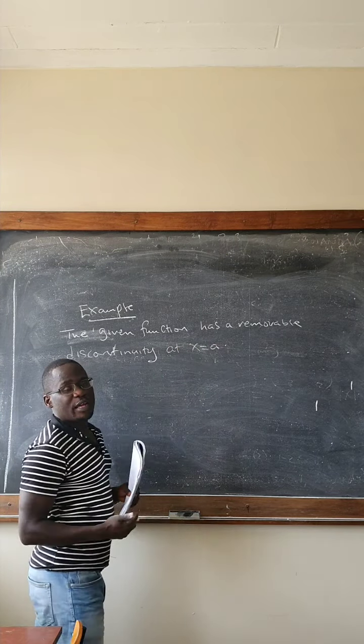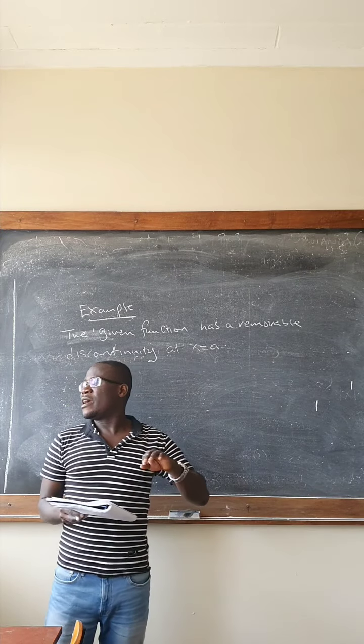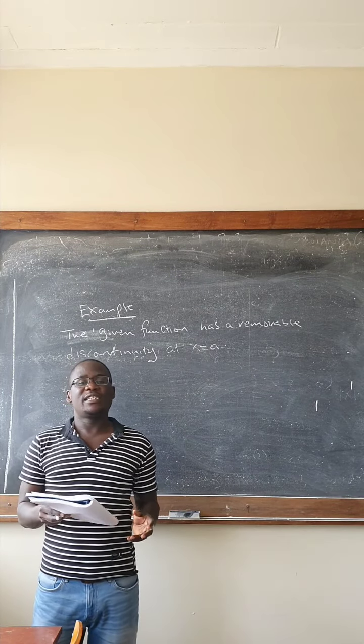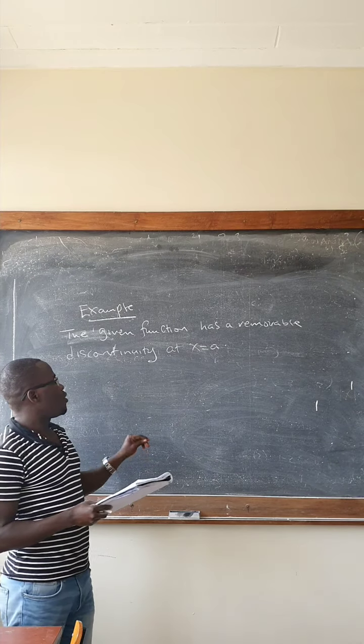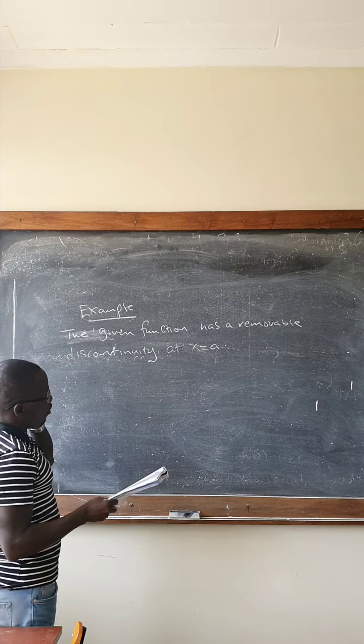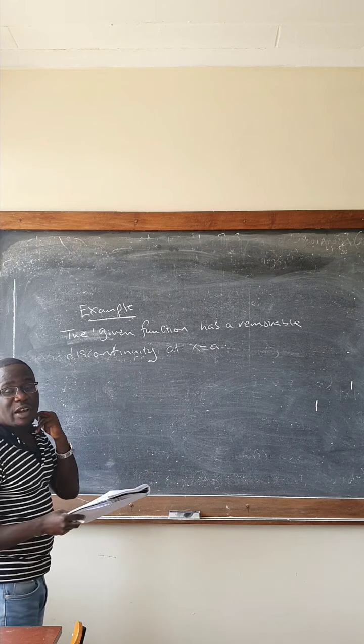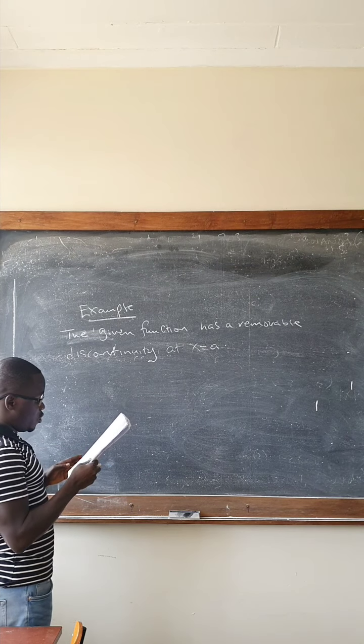And I told you before that for any removable discontinuity, the function can always be redefined to remove the discontinuity, because it's usually just at a point, and by redefining the function you can actually remove the discontinuity.